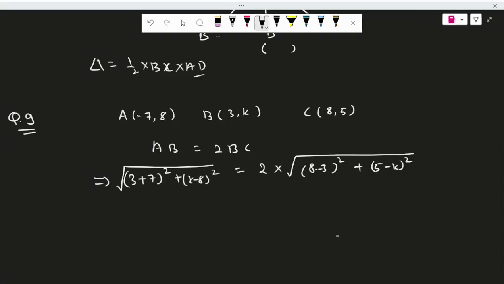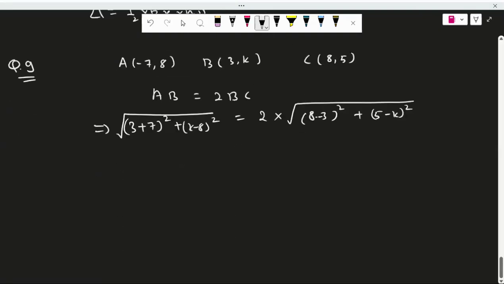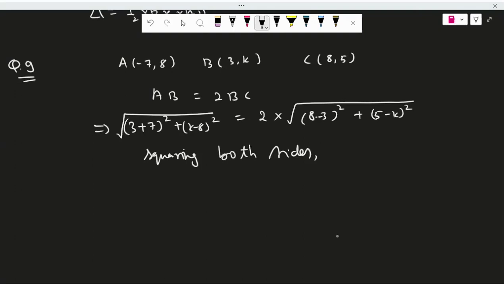To remove the square root, we square both sides. We have 10 square plus (k minus 8) square equals 2 square, that is 4, times 5 square plus (5 minus k) square.